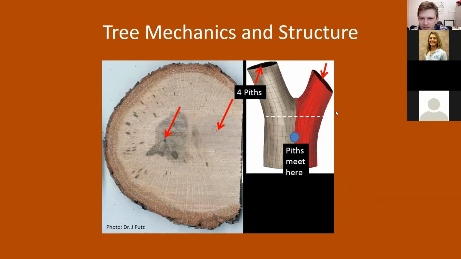So you can see the points where the pith are. The pith is the very center of the stem where the tree grew up originally. And so you've got two center points right underneath where the divergence occurs.